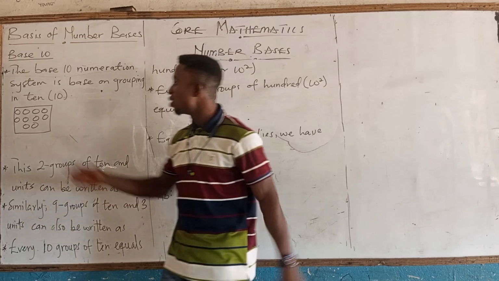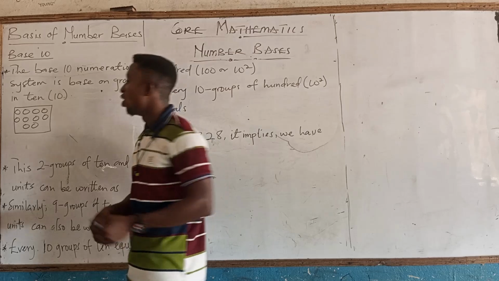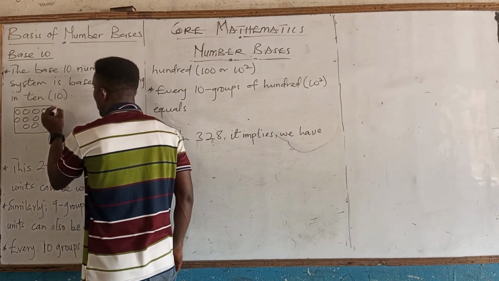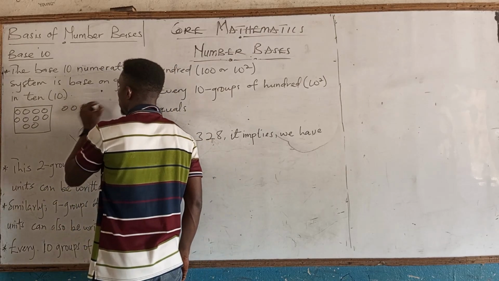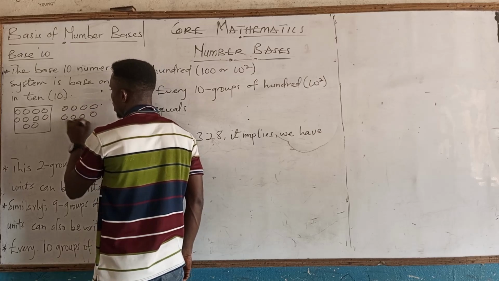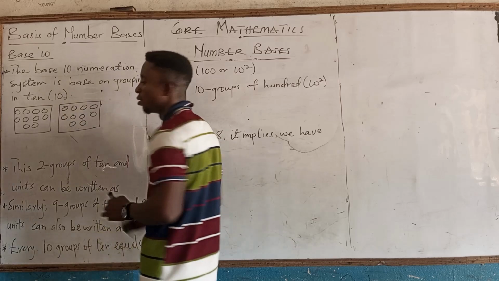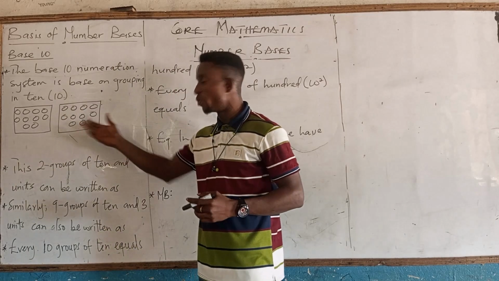Are we getting that? We are imagining they are equal. So this is 1. Then I'll get 1, 2, 3, 4, 5, 6, 7, 8, 9, 10. I've gotten another one, and that one too is forming another bundle. Are we getting that? Because it's up to 10.